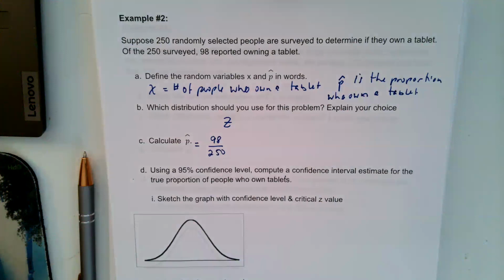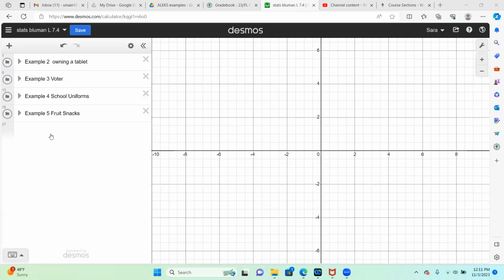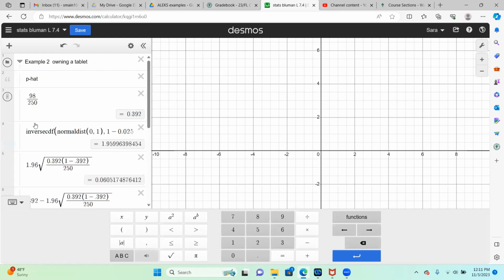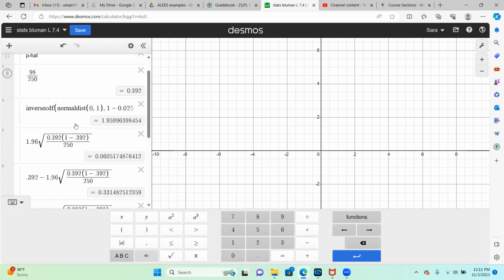And we're going to go ahead and go to Desmos. I'm just going to look at that 98 divided by 250. So our P hat is 0.392. And you can see that here, I calculated it.